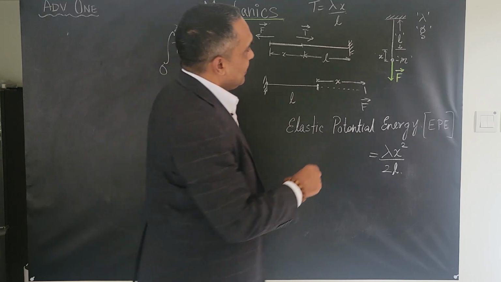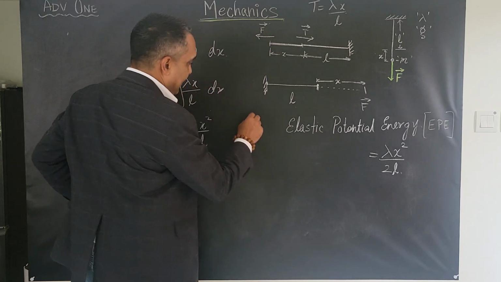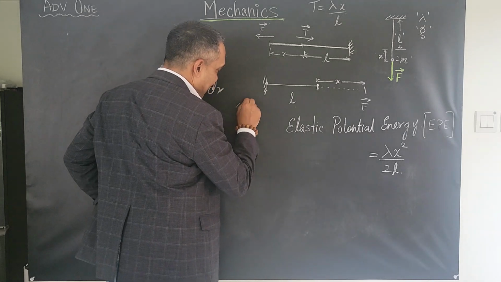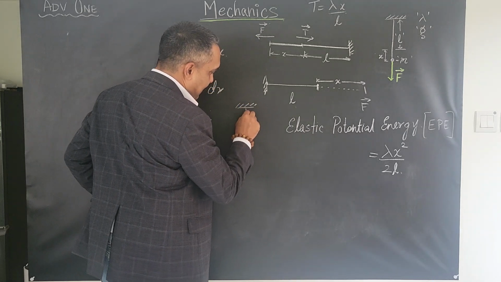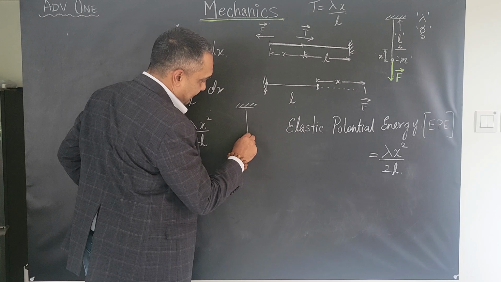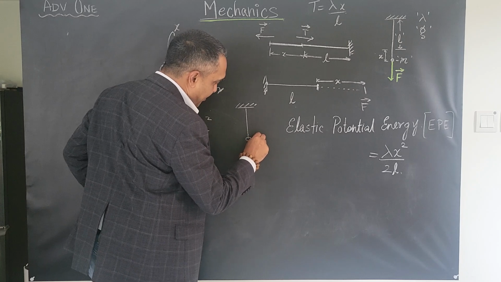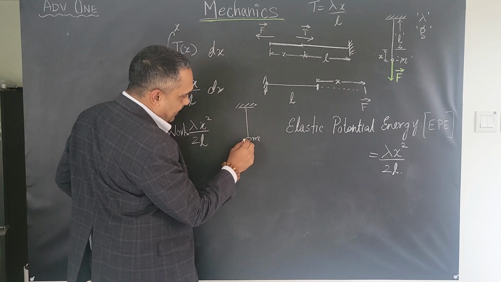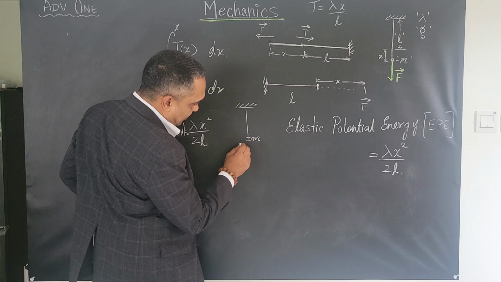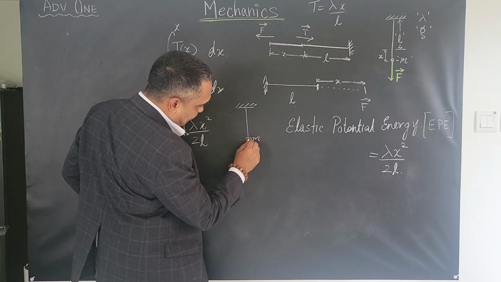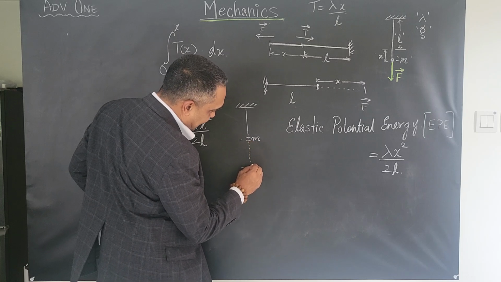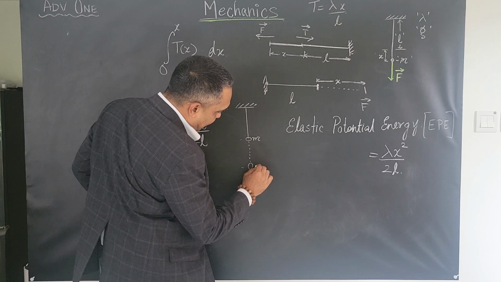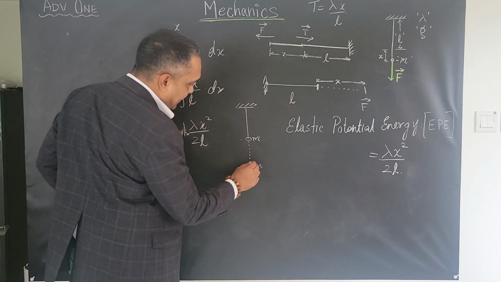Pay attention. So that's my string. That's a mass m. I introduce the mass m. Guess what happens? We begin to see extension to this point through m, right? That's my mass.